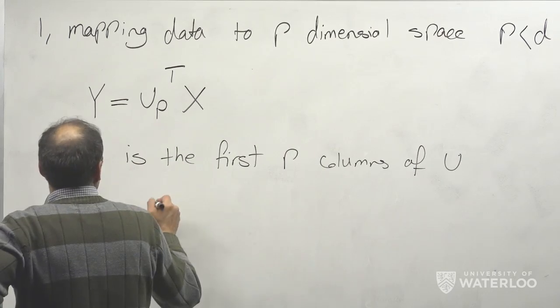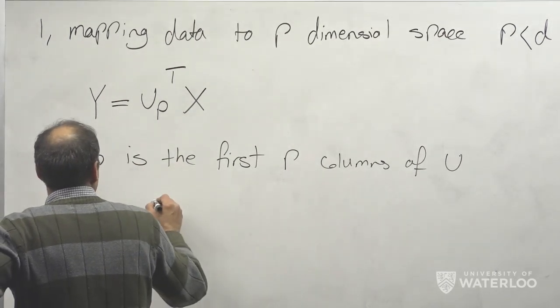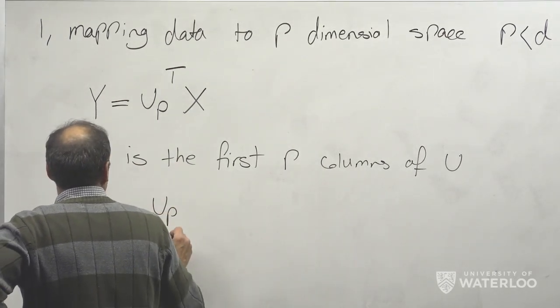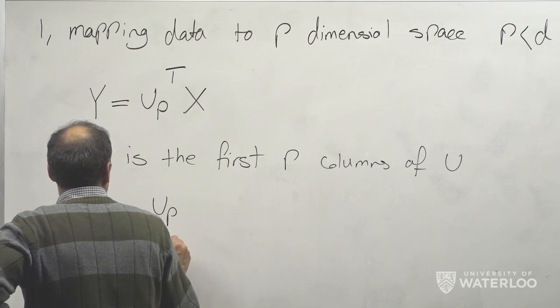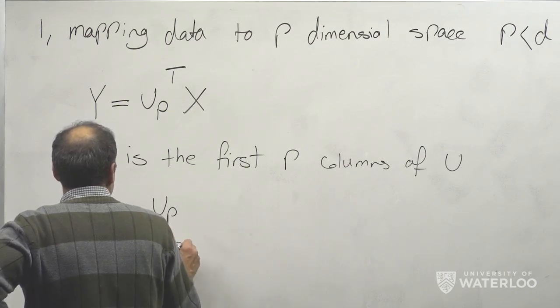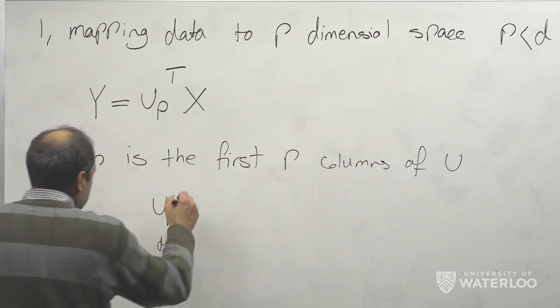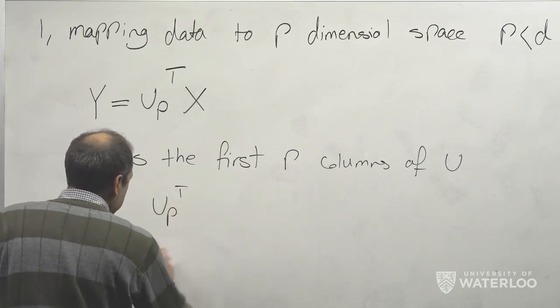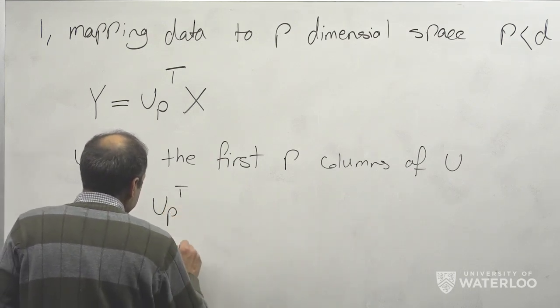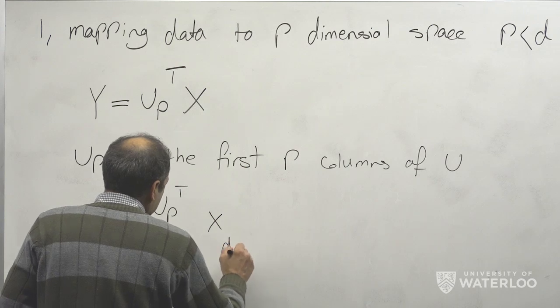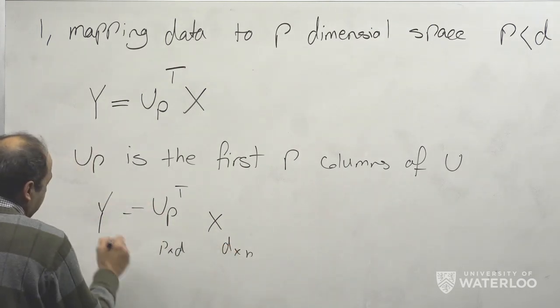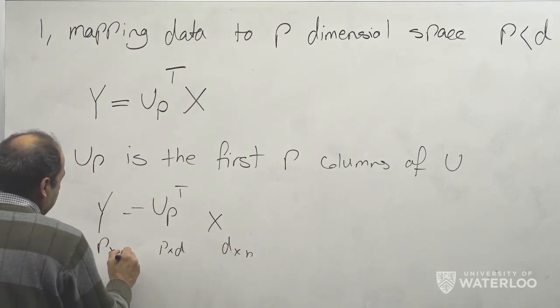So in this case, if it's the first p columns of U, Up is going to be a d by p matrix. I have p columns. So Up transpose would be p by d. And x is d by n. So y would be p by n.